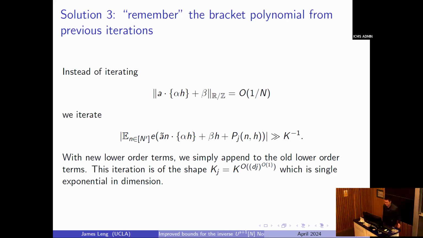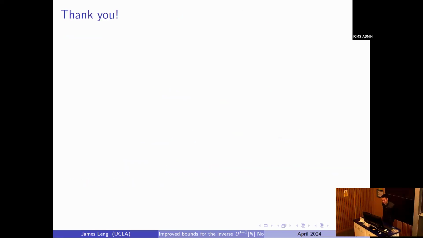Maybe a key thing is that, as I commented before, if you had d many curly brackets, your losses were only single exponential in dimension. I don't know if you believe me, but I can tell you that this iteration works, and there are no more problems, and this will give you the refined bracket polynomial. That is the end of my talk.